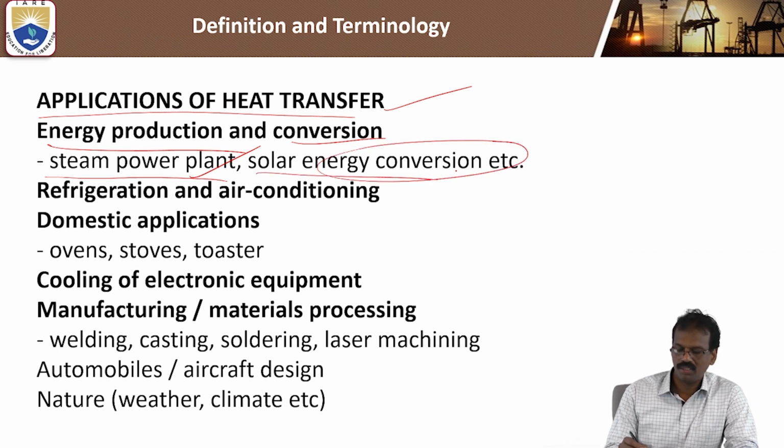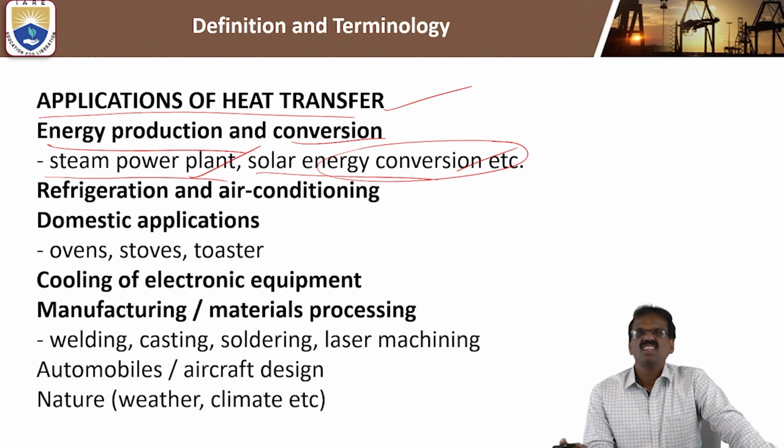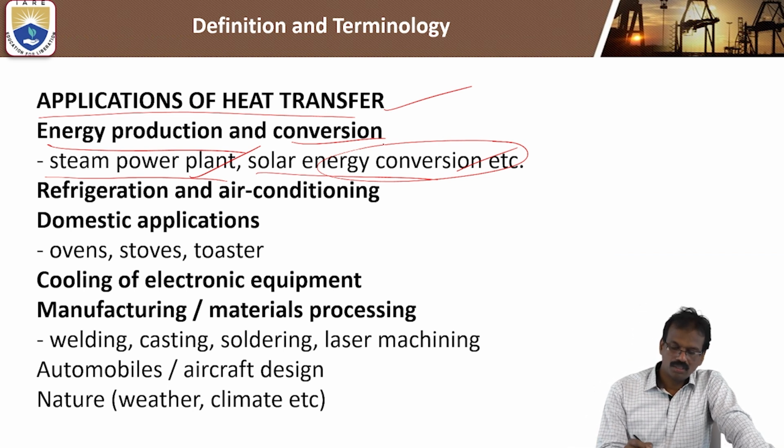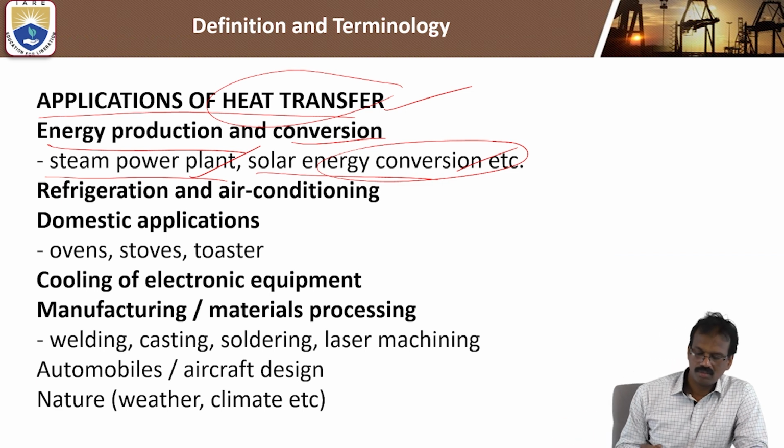Here also, by the mode of radiation, heat transfer takes place, and solar energy or heat energy is converted into electrical energy. So here also the need of application of heat transfer is very much needed.